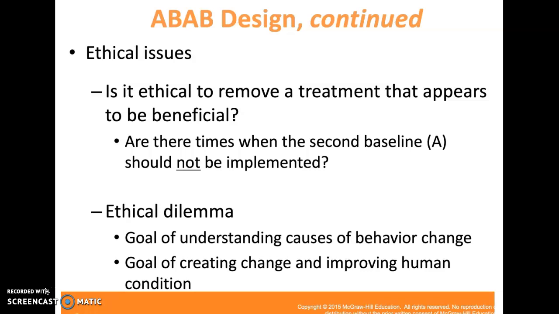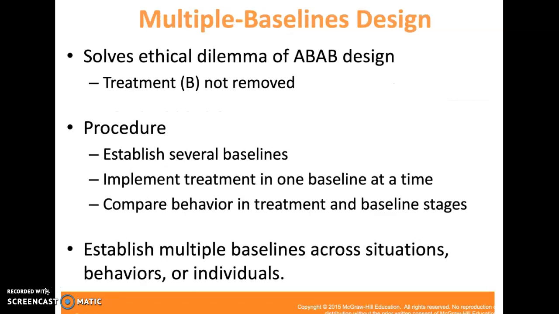So there's this dilemma of really wanting to understand what causes the behavior to change, but also our goal of improving the human condition. And so in those cases where the AB design may not be suitable based on ethical issues, we can turn to a design called the multiple baselines design.